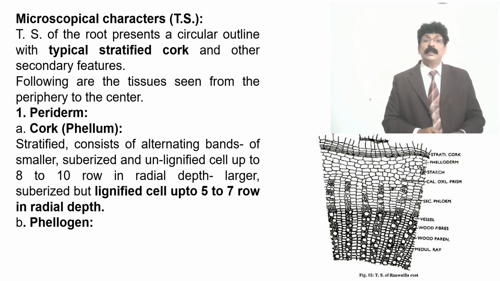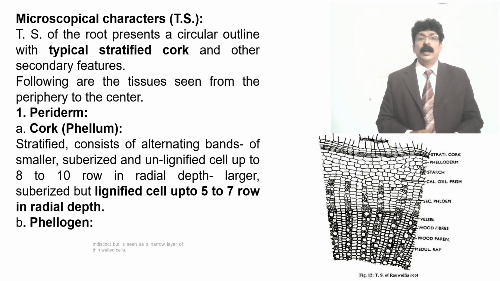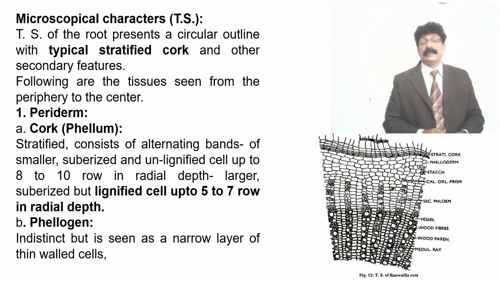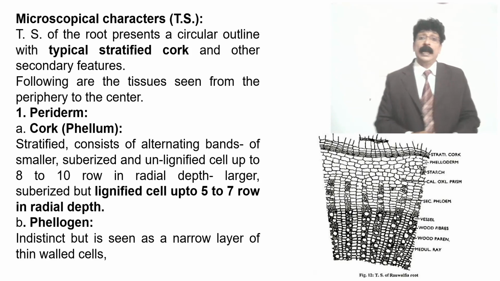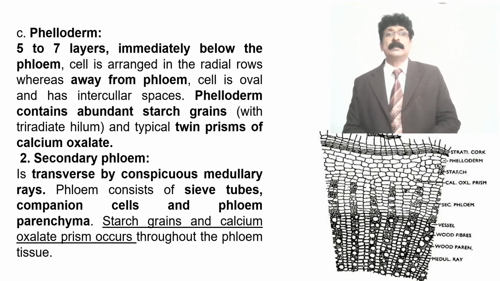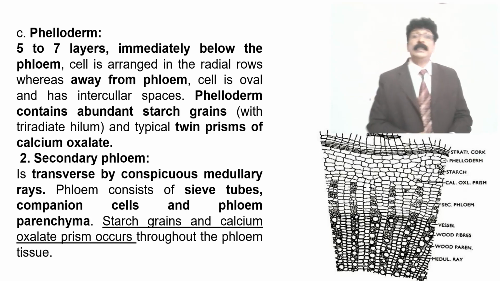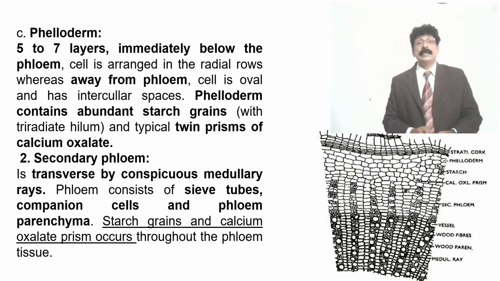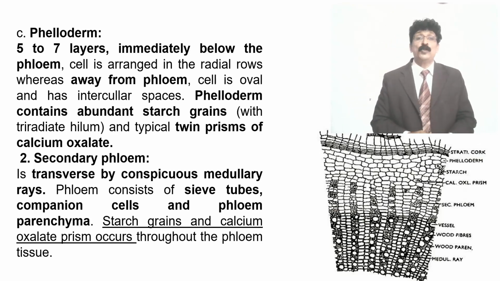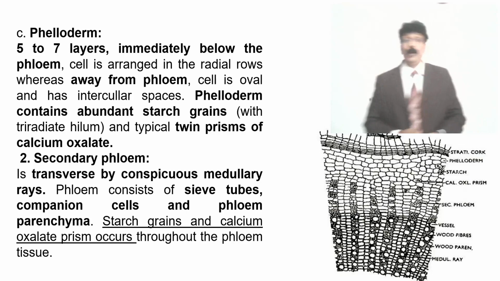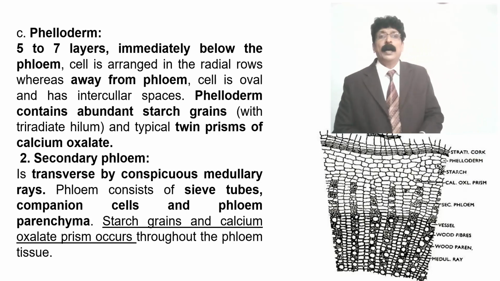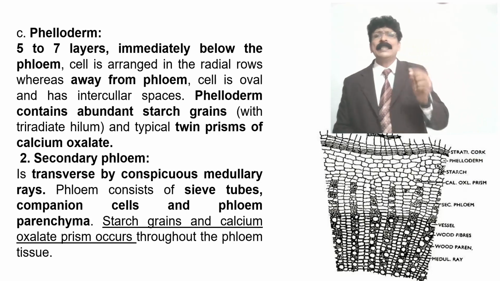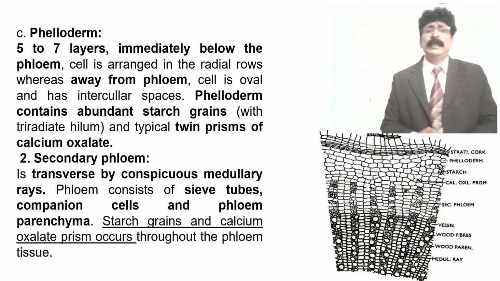Phellogen is of course indistinct, but is seen as a narrow layer of thin-walled cells. Phelloderm, which is marked in the picture, is 5 to 7 layers immediately below the phellogen, with cells arranged in radial rows, whereas away from the phellogen the cells are oval and have intercellular spaces, which you can see in the picture.